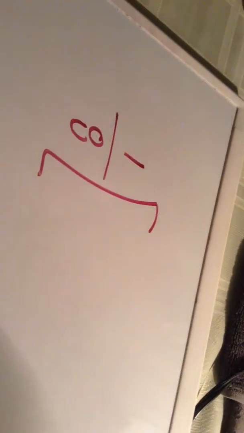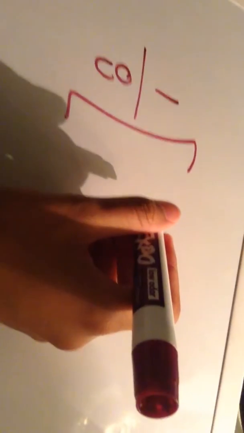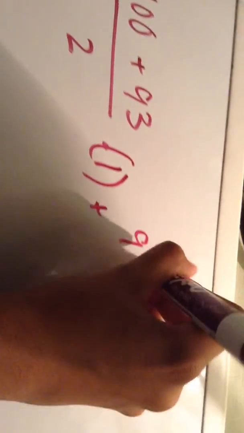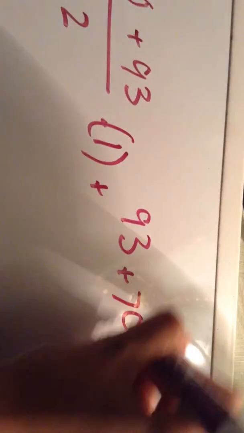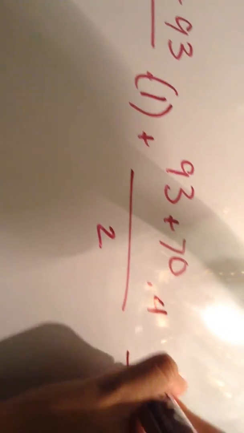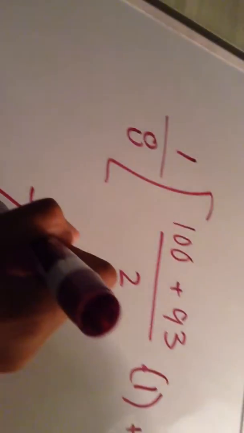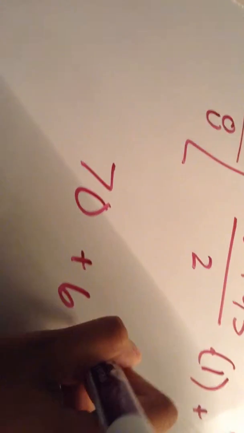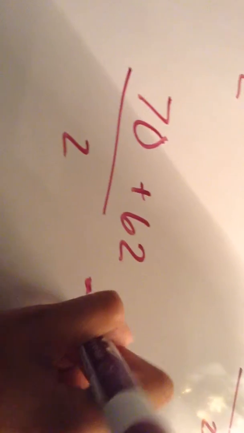So 1 over 8 times (100 plus 93 over 2 times 1, that's our height, plus 93 plus 70 times 4 over 2, plus, I'm going to go down here because I don't have enough room, plus 2 over times 1, sorry.